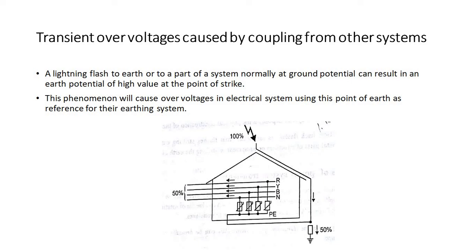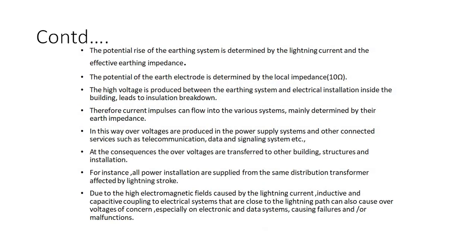This phenomenon will cause overvoltages in electrical systems using the point of earth as a reference of their earthing system. The diagram represents the transient overvoltage caused by the coupling from other systems, that means in the outdoor system.